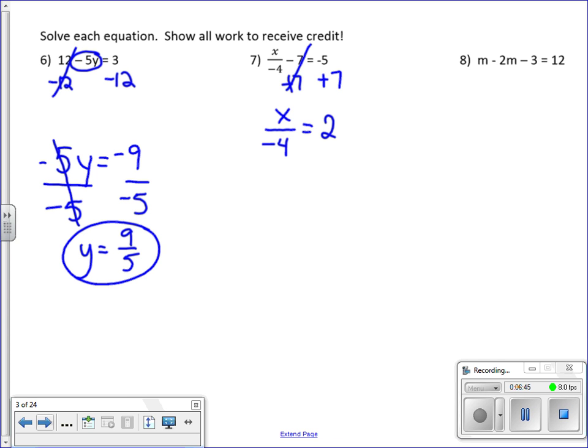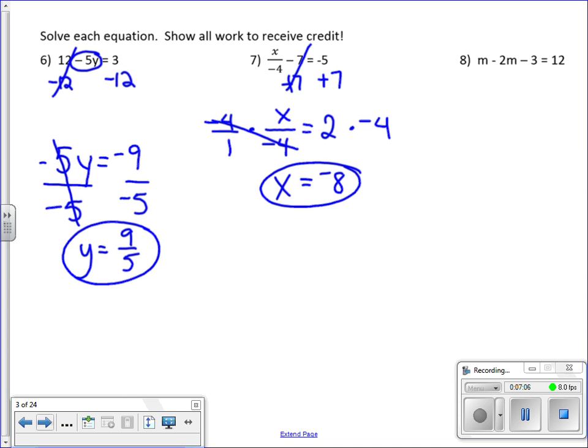Now I need to get rid of the negative 4. Since I'm dividing by negative 4, I need to multiply both sides by negative 4. In this case, it's negative 4 over 1. This cancels out, and I'm left with x is equal to negative 8. And there's my answer for that.